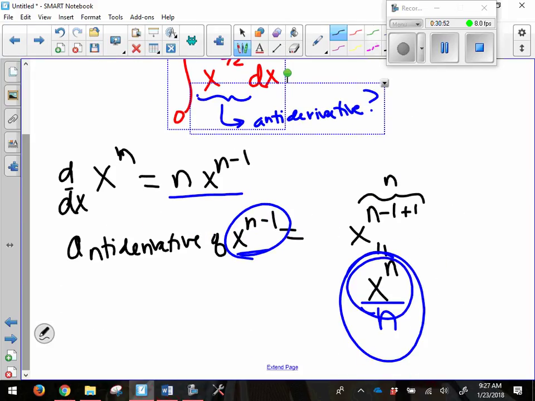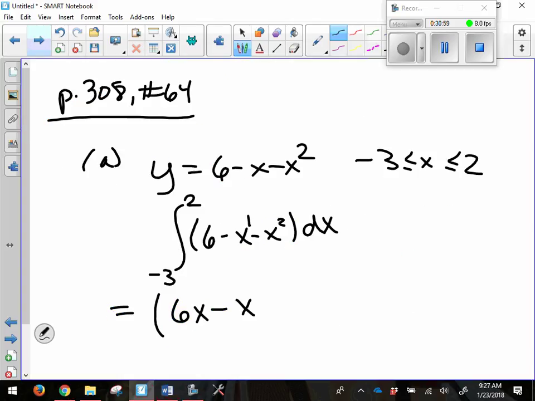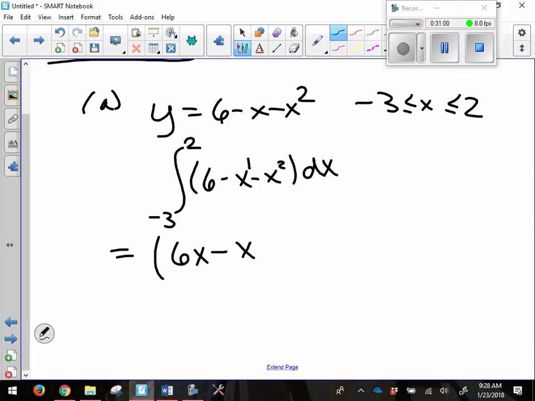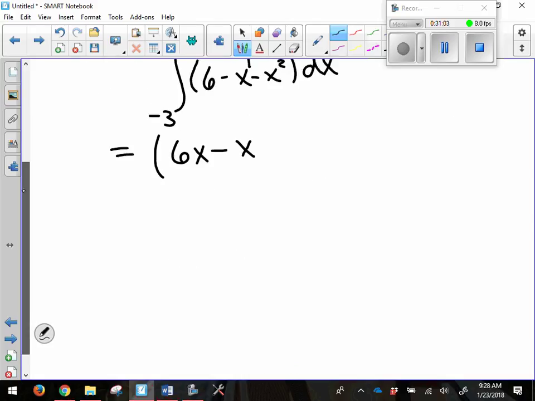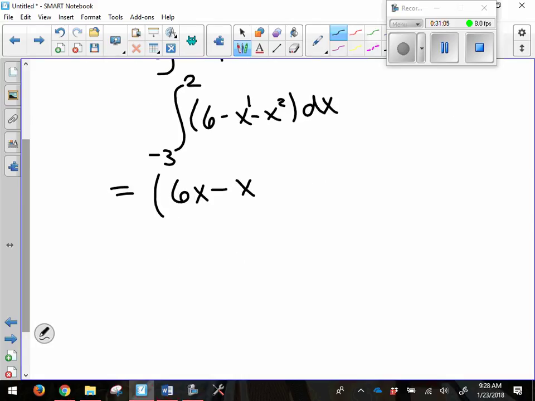We added 1 to the power and then we divided by the new power, right? So if this is x to the 1, and I'm taking the antiderivative, what's my new power? Sarah, help her out. X to the 2 over 2.